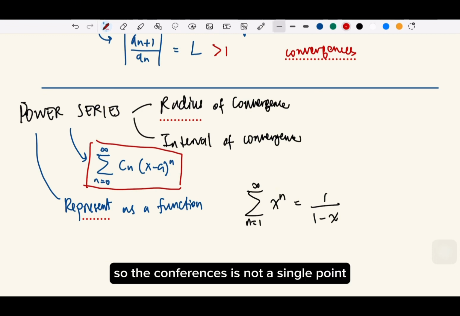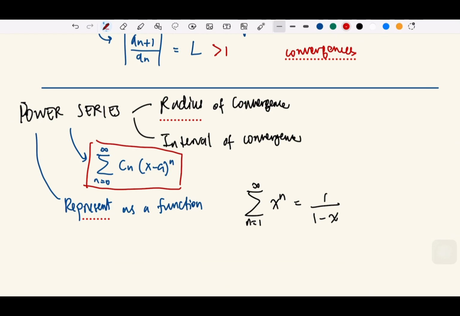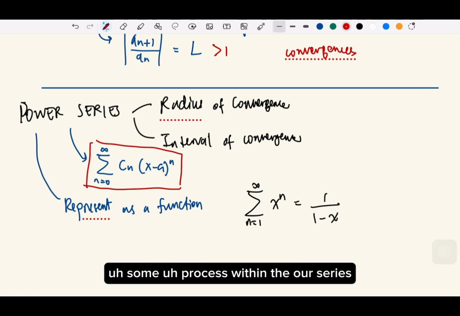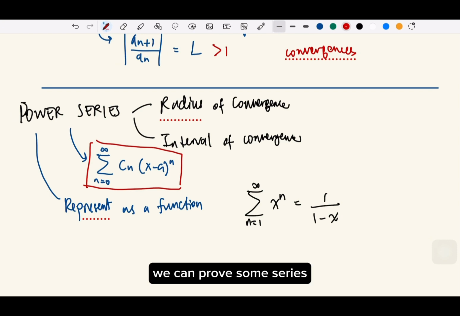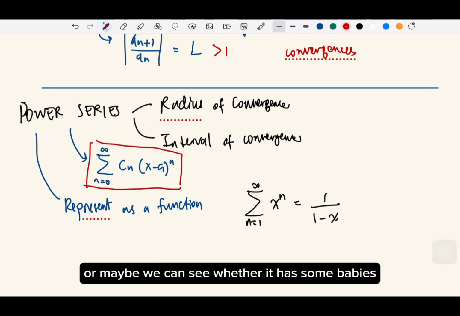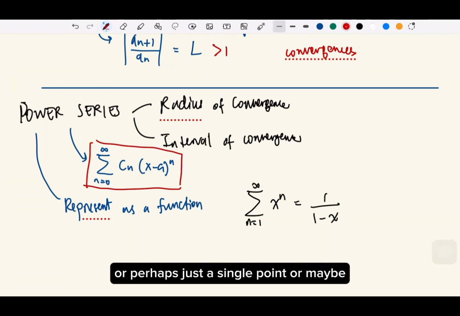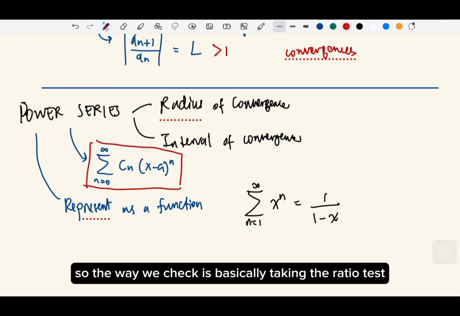So the convergence is not a single point, but it can be some interval. Through some process within the power series, we can see whether it has some radius, or perhaps it's just a single point, or maybe we can have it for all x. That's the possibility. The way we check is basically taking the ratio test.